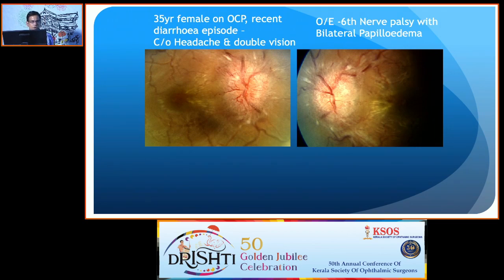Again, a lady I saw in the UK on the oral contraceptive pill with an attack of diarrhea. So this led to a hypercoagulable state, and she came with double vision, and fundus showed papilledema. So double vision, a sixth nerve palsy with papilledema means raised ICT. So neuroimaging, in all cases of papilledema, MRI plus MR venography.